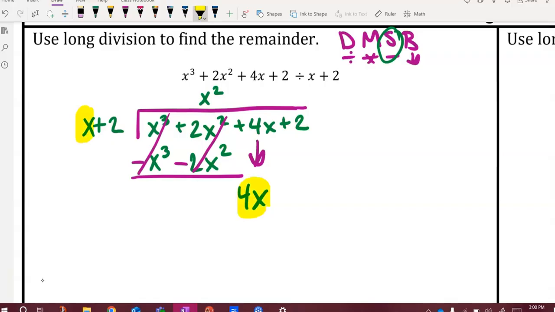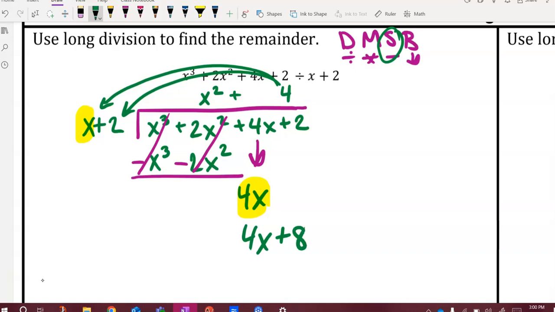4x divided by x. That's going to leave us with 4. But that number doesn't have an x, so we're just going to put it right here. Just 4. Now, in order to multiply back, we're going to say 4 times x and 4 times 2 for 4x and 8.